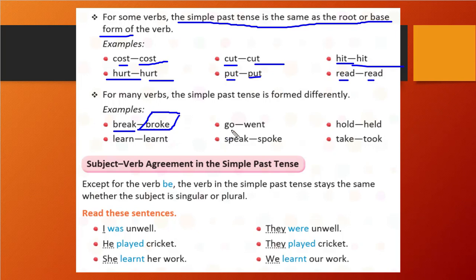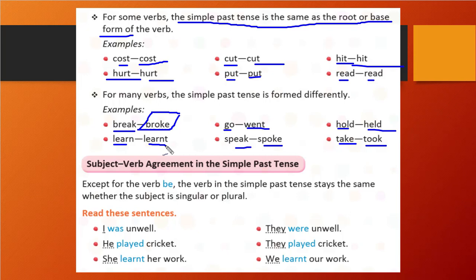Understood? You can see here go, went, hold, held, take, took, speak, spoke, learn, learned. Simple past form and root form are totally different, right? So this kind of situation also comes with some words. Okay, fine. Let's see further.